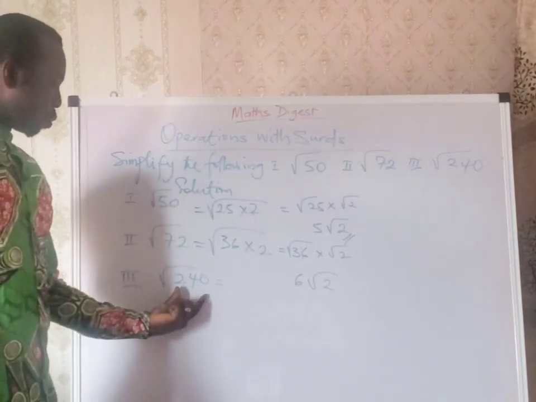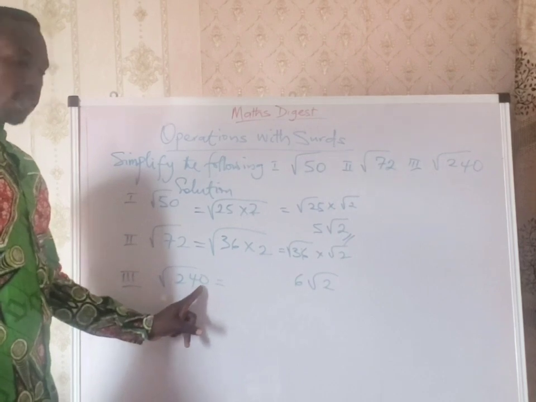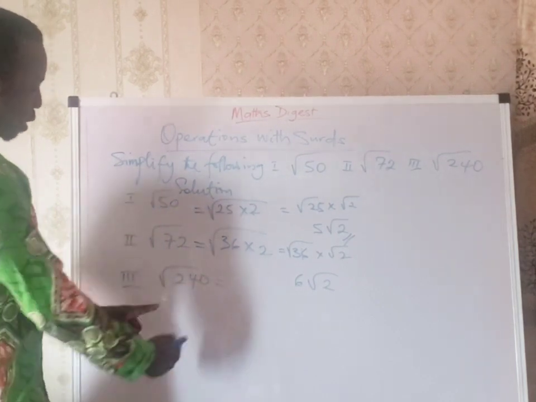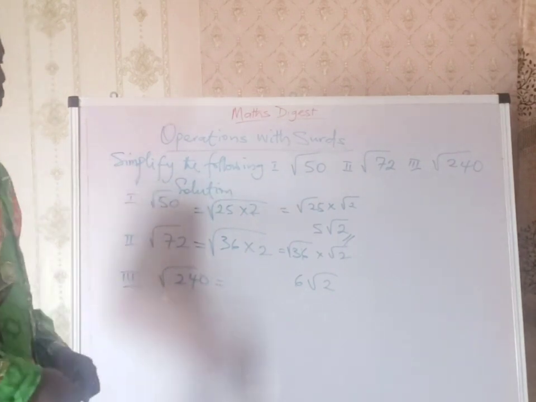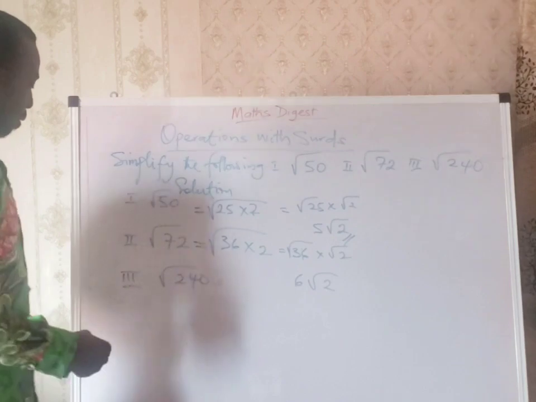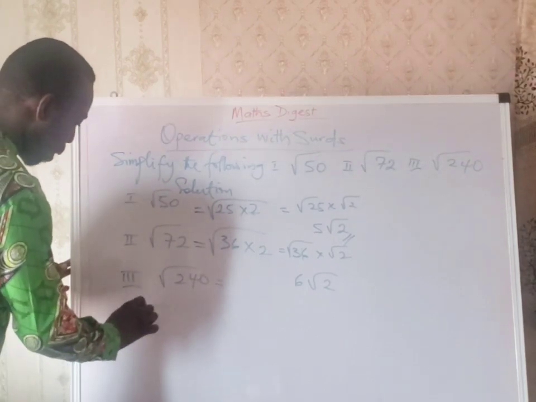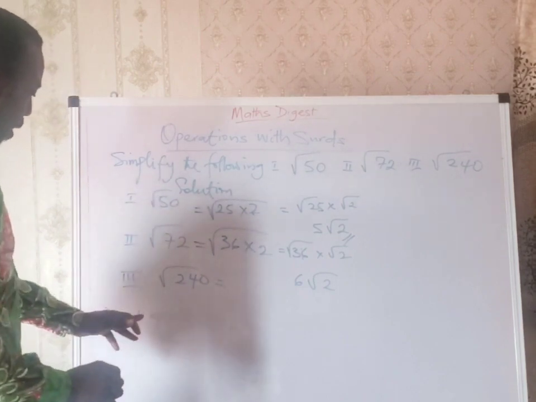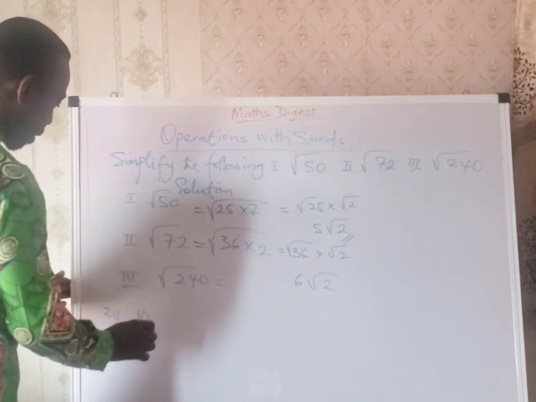Now, me looking at this, you know that this number ends with 0. Now, this number alone, 24 can divide this number. Okay, when 24 divide this number, for instance, we have 1. Divide this 0, we have 10.